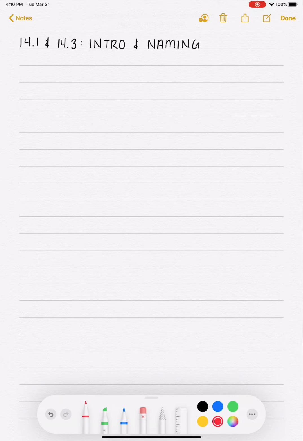So in chapter 14, the functional groups that we're going to study are the alcohol functional group, the ether functional group, and the alkyl halide functional group. I'm going to draw an example of each one of these types of molecules.